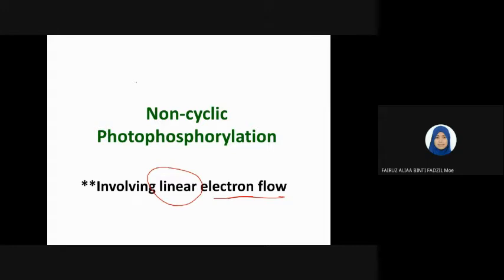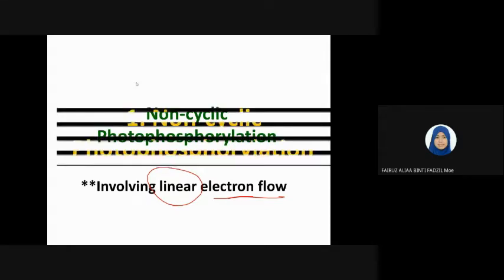That means we are producing ATP by adding the phosphate group to the adenosine diphosphate to form ATP using the light energy, with the involvement of linear electron flow, meaning the electrons do not cycle.